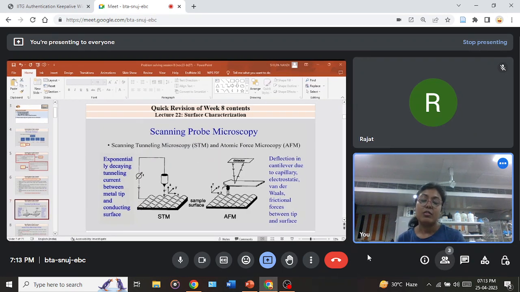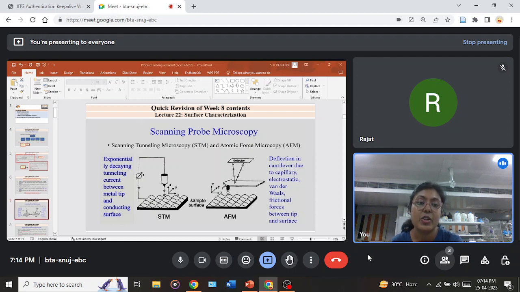So it can be either scanning tunneling microscopy or AFM, that is atomic force microscopy. In case of STM, the exponentially decaying tunneling current between the metal tip and the conducting surface is assessed, whereas in case of AFM, deflection of the cantilever arises due to the capillary, electrostatic or van der Waals, even frictional forces between the tip and the surface.